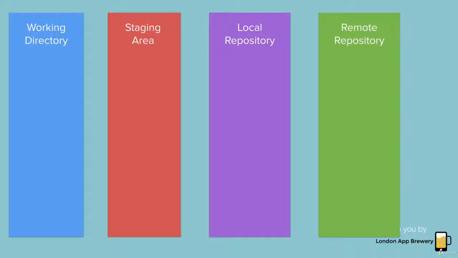In our case, the local repository is the Git directory inside our story directory, and the remote repository is GitHub, which hosts our code and all of the changes made between the different commits.